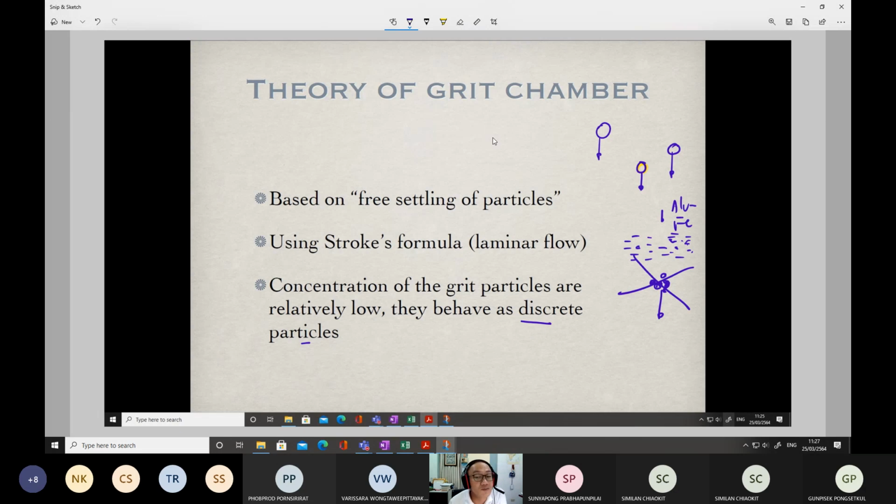So discrete particles means particles that can actually settle to the bottom by themselves without influencing others. Okay, so each individual particle just moves down to the bottom of the chamber. For free settling particles, they basically behave like discrete particles settling.